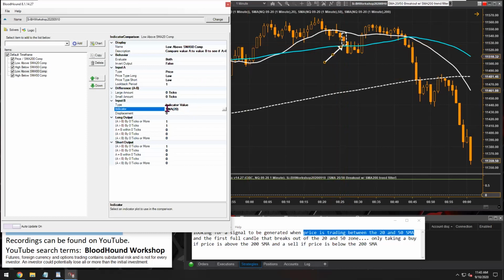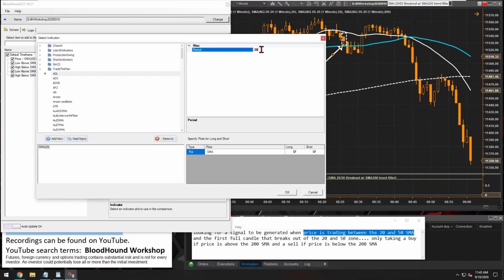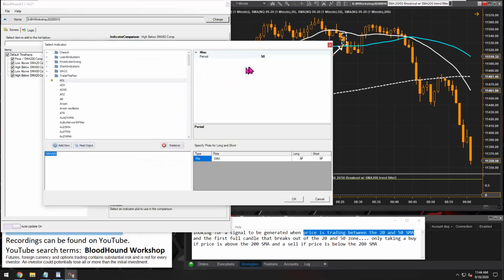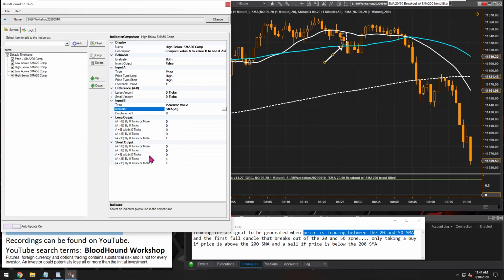So I simply need to take the SMA 20 and put in the 50 period. Now that's the low above the 50. And the high price is below the 20 period. There's my two new solvers just made.